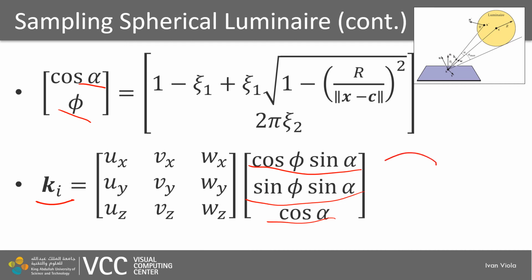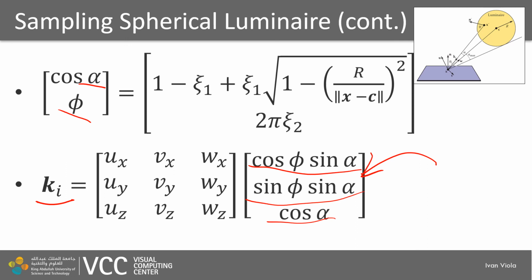So this will be the value of our vector if we have just the coordinate system untransformed. So the z will be one direction and the x and y will be the other directions of our world coordinate system.